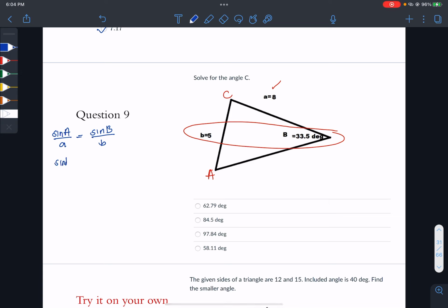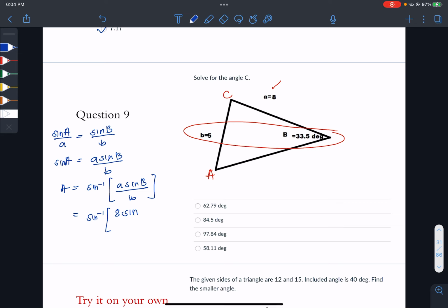So sine A is equal to A sine B all over B. So angle A is the inverse sine of A sine B all over B. On the calculator, that is inverse sine of, our A is 8, our angle B is 33.5, sine B, and then side B is 5.